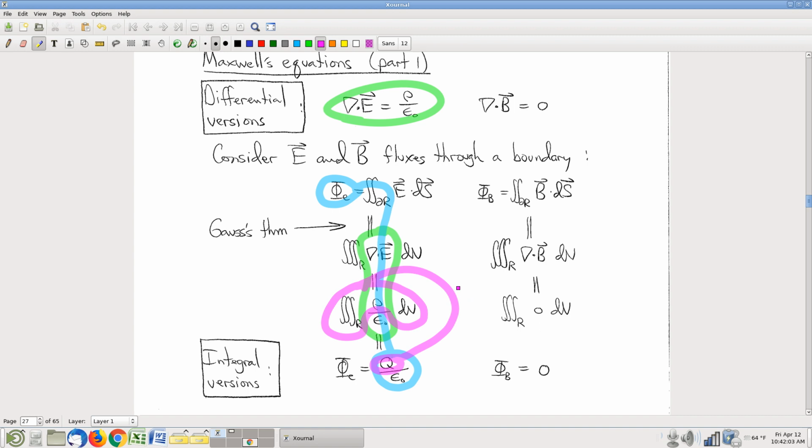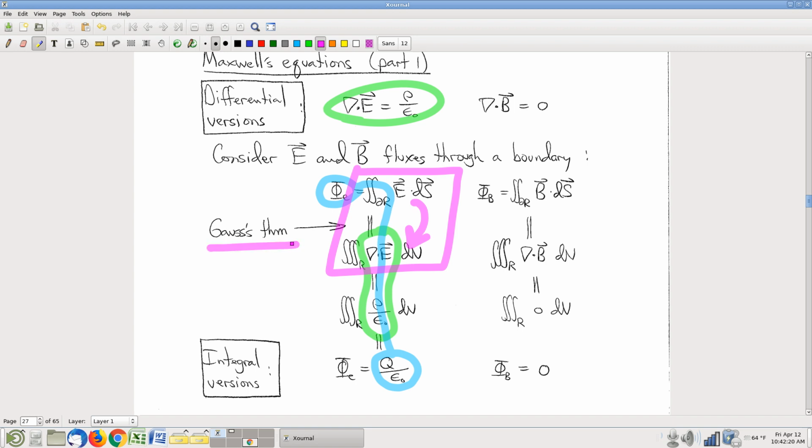So the one step that I just glossed over is that one. The one non-trivial step in this argument is making the connection that a flux is a triple integral of divergence, namely Gauss's divergence theorem. It's just straight up, right down the pipe, Gauss's divergence theorem.